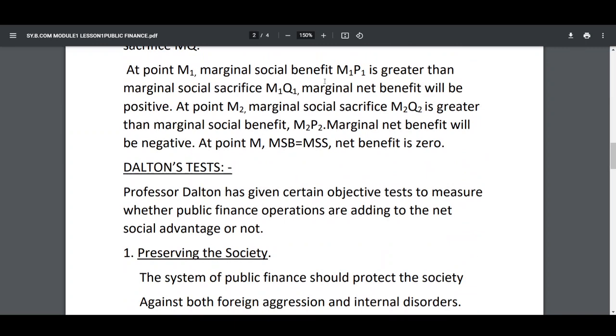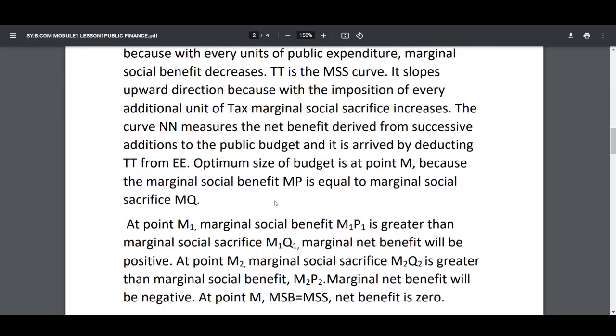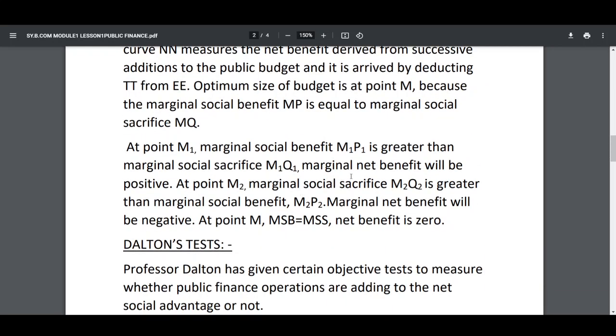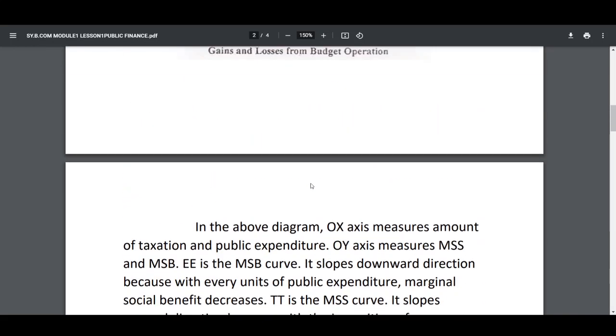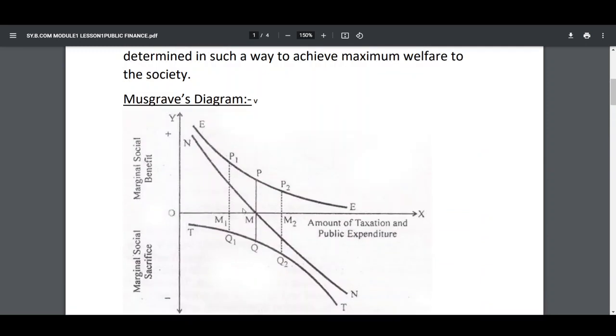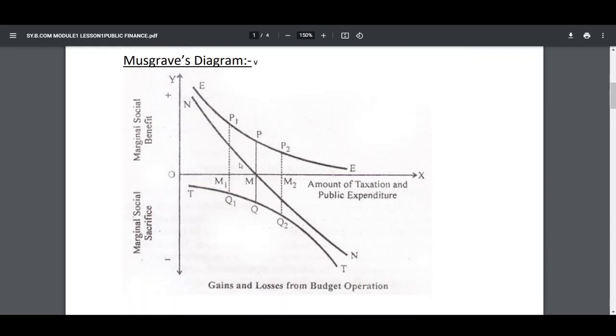At point M1, marginal social benefit M1P1 is greater than marginal social sacrifice M1Q1. Therefore, marginal net benefit is positive.